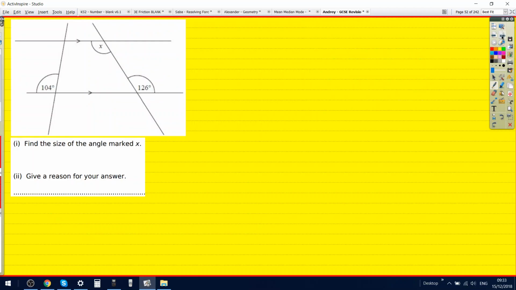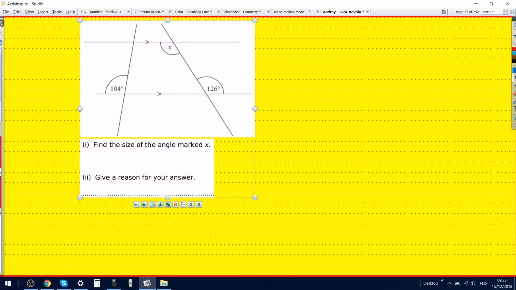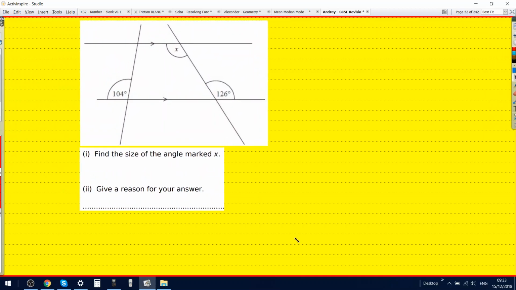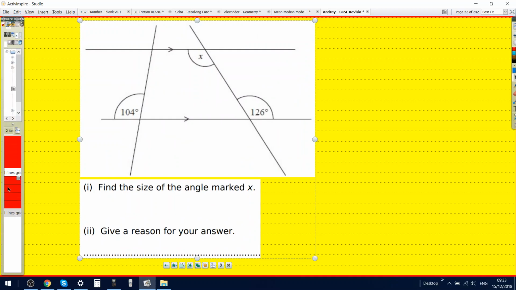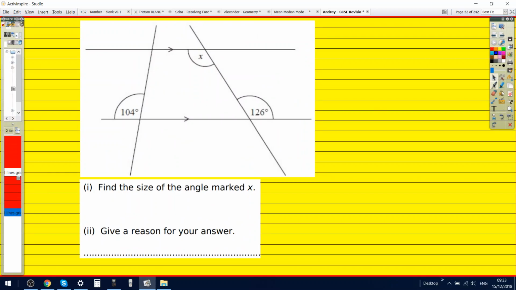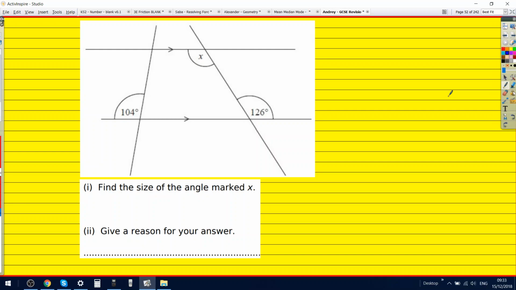Okay, this one, how do we do this? Yeah, so is x like 126?